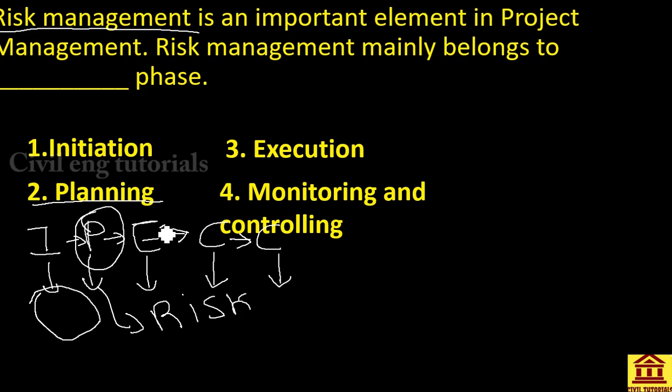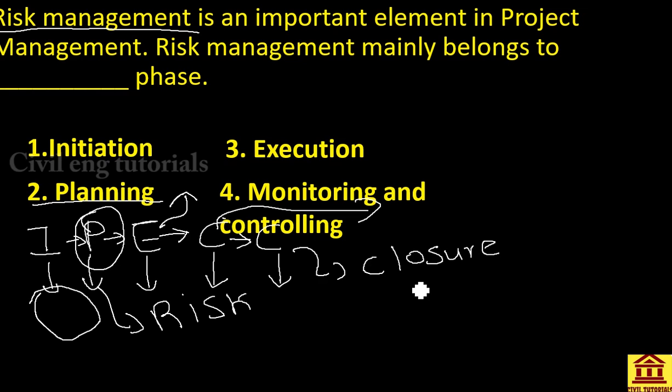Likewise, we also have execution. Execution normally means the execution of our work, and C, controlling, means monitoring and controlling. There are two main categories, monitoring and controlling, and the final phase is C, the closure phase. Closure means the final closing point of this project.